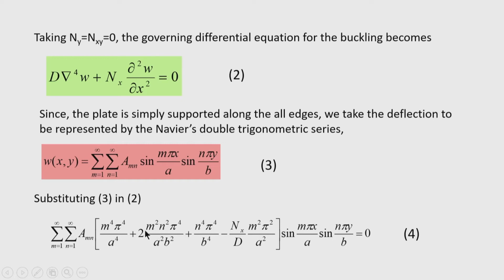Now, here m square is 4, and n is 1, so 4 into 1 pi to the power 4 divided by a square b square, of course 2 is there here. Again here n we have taken 1, so pi to the power 4 divided by b to the power 4, and Nx by D, m we have taken 2, so it is 4 into pi square by a square into sin 2 pi x by a sin pi y by b equal to 0.